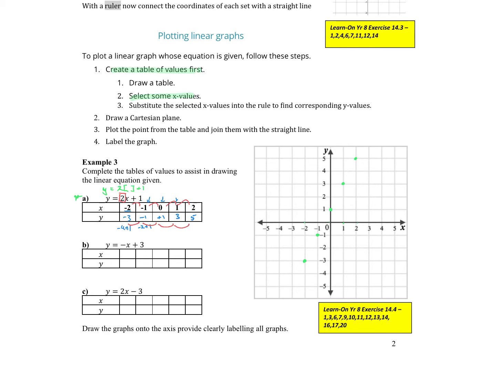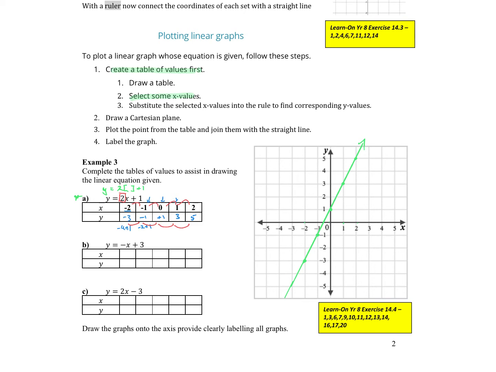So again, if I connect these points, I get it like that. And in fact, because it's a rule, I can actually extend my line as long as I want to.